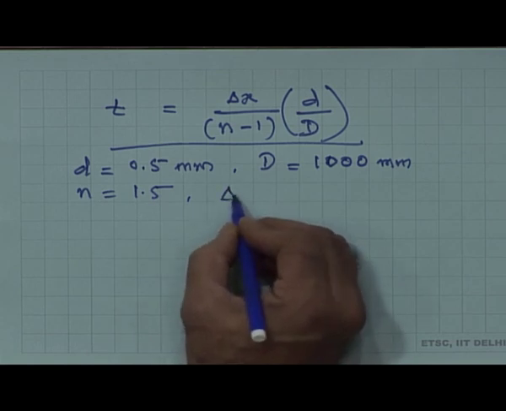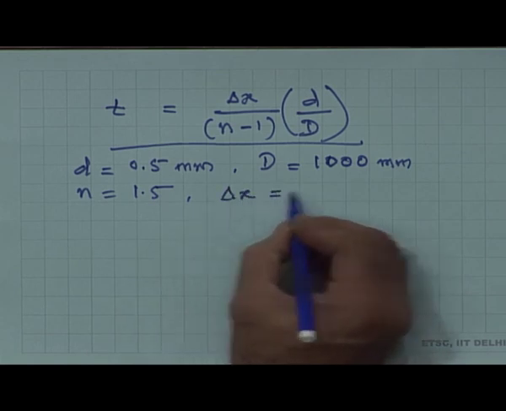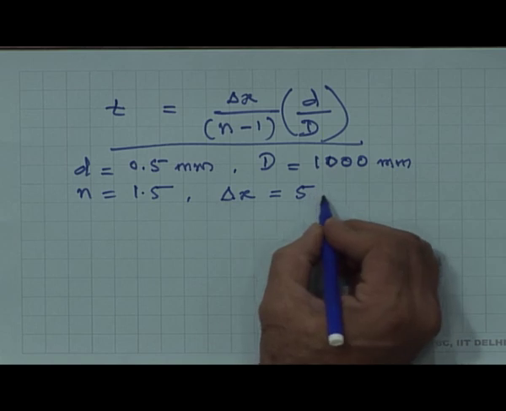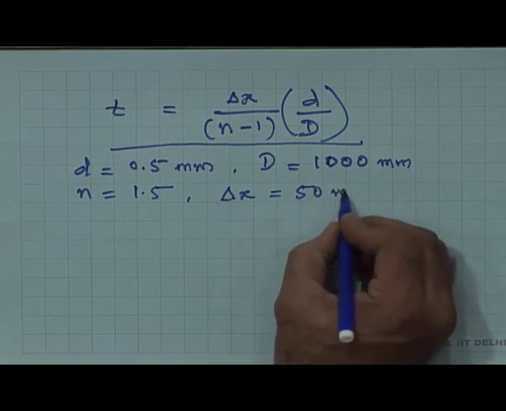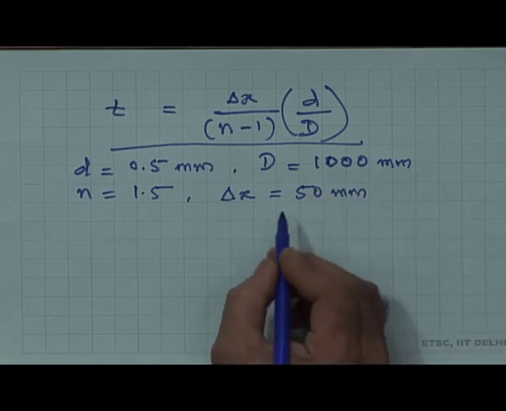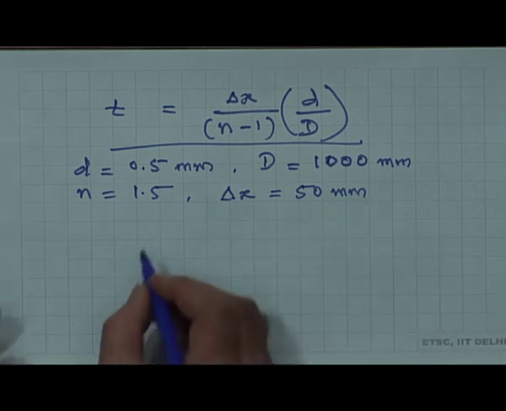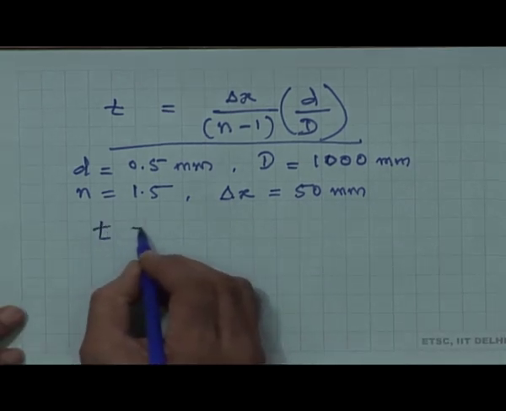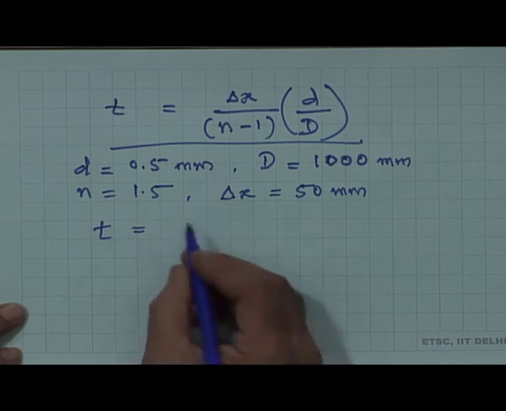Delta x, the fringe pattern shifts through 5 centimeters, so 50 mm. Let me write everything in mm. Therefore, T is equal to, we are asked to determine the thickness of the sheet.